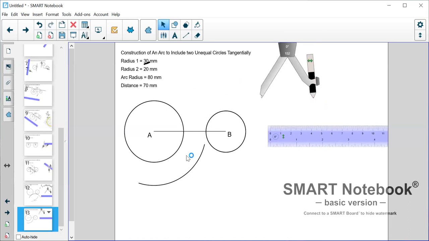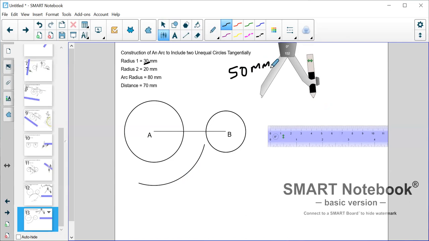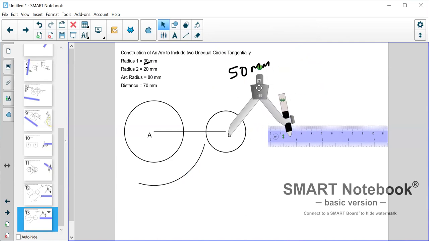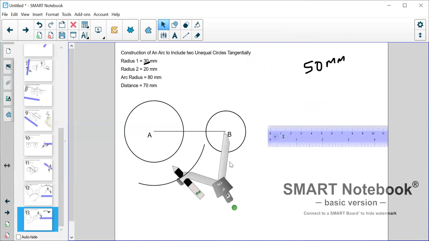Good. So we have that first distance, and that was 50. All right, let me just put that measurement here, 50 mm. Now the second one, when you subtract 20 from 80, you will get 60. So we use a measurement of 60 mm, and we go from B and we draw an arc to intersect the previous one that we have here.